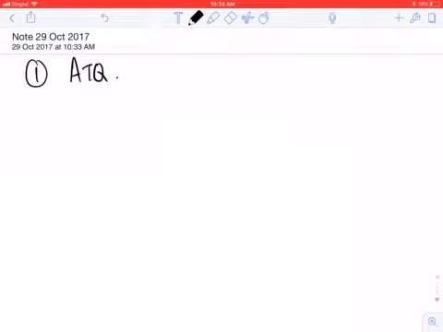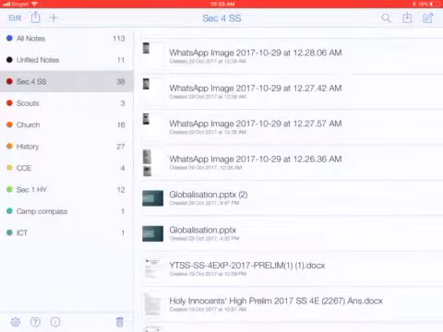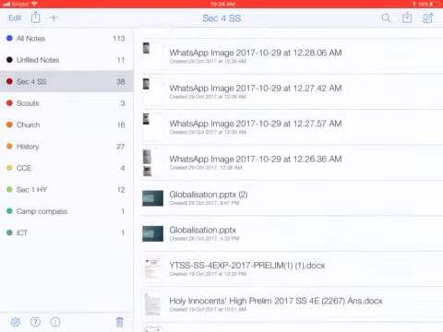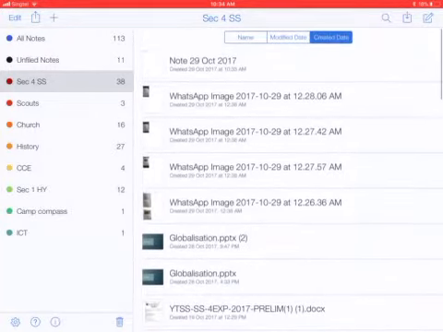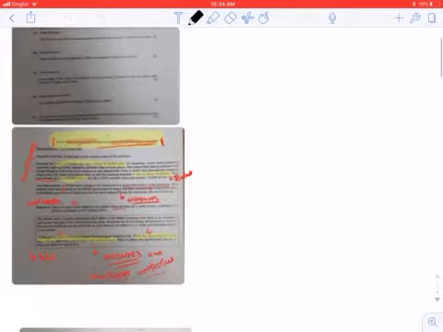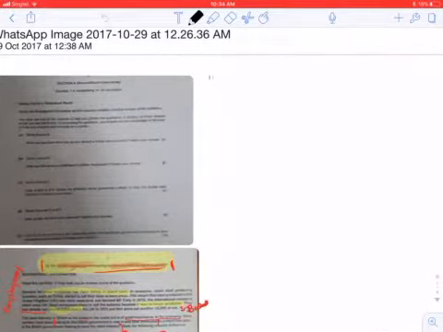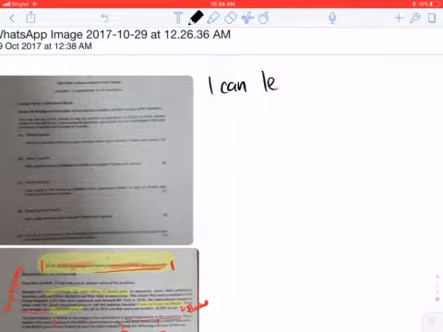That means if the question asks you, let me show you an example. If the question asks you here, what can you learn from the source about the British steel industry, then you must say that I can learn.